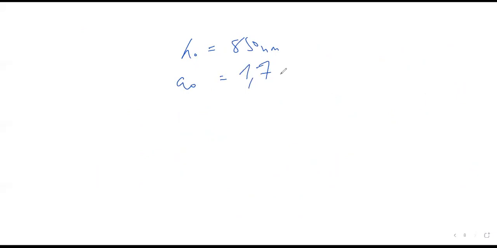A naught is 1.7, like this. Then A lambda, that's A at 1300. Calculate. The question I have to calculate: find the loss.